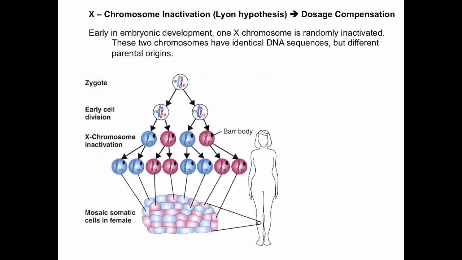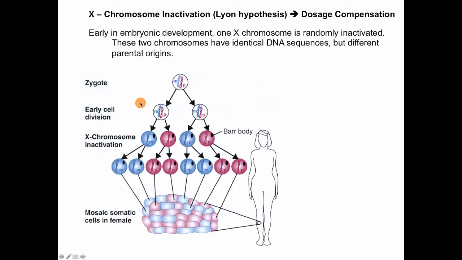And of course we know about X chromosome inactivation, the so-called lion hypothesis, and this indeed relates to dosage compensation. You may realize that in early embryonic development, one X chromosome becomes randomly inactivated. These two chromosomes are going to have identical DNA sequences, but they're going to have different parental origins.